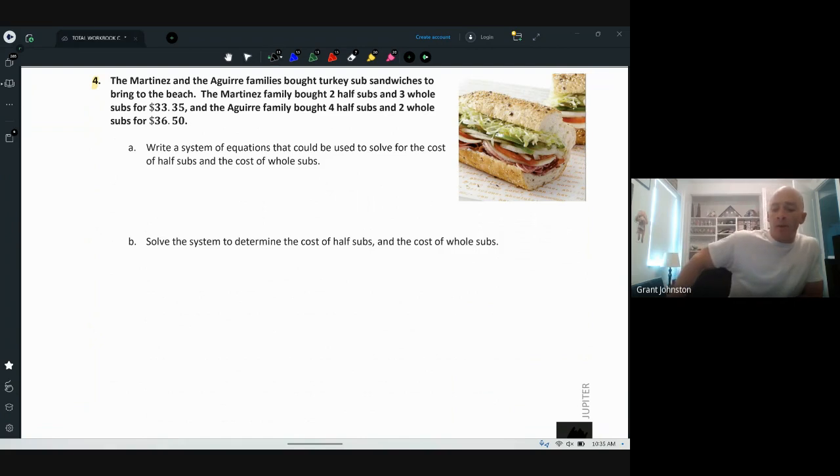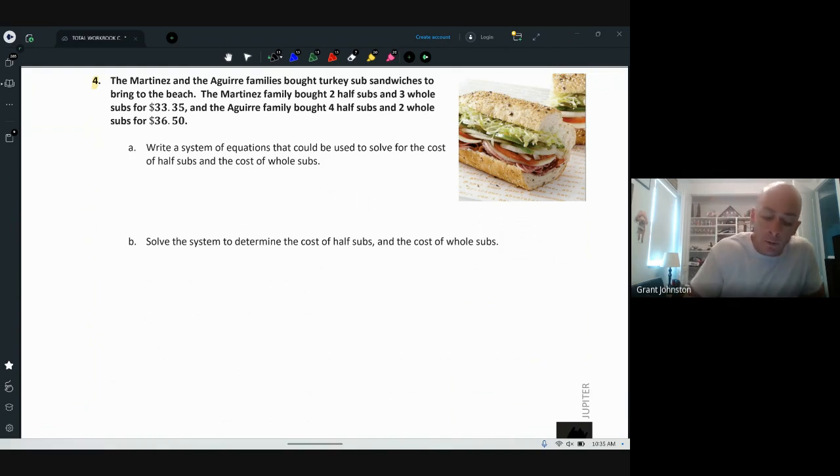The Martinez and Aguirre families bought turkey sub sandwiches to bring to the beach. The Martinez family bought 2 half subs and 3 whole subs for $33.35. And the Aguirre family bought 4 half subs and 2 whole subs for $36.50. Write a system of equations like we used to solve for the cost of half subs and the cost of whole subs. Okay, so I'll first write the Martinez family.